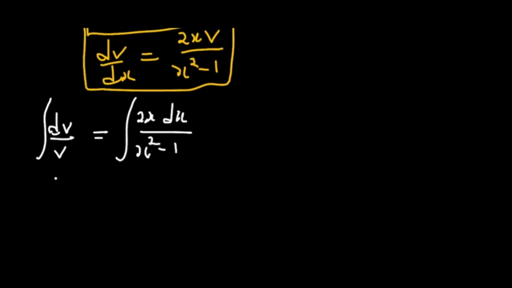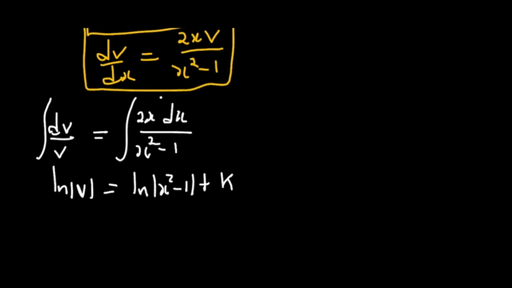We notice that this will give us the ln of the absolute value of v, to be equal to, we say that the derivative of the denominator is exactly equal to the numerator. So this will be ln of x squared minus 1, now plus our constant k.